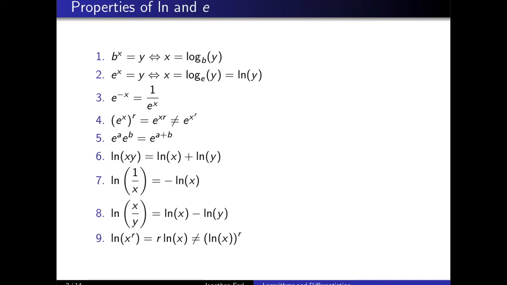And the special logarithm that we use has the base of e, so this was the number where e to the x is its own derivative, e to the x, we saw that a while ago. And e to the x equals y is the equivalent of saying x is the logarithm base e of y, or as it's more commonly known, the natural logarithm of y.